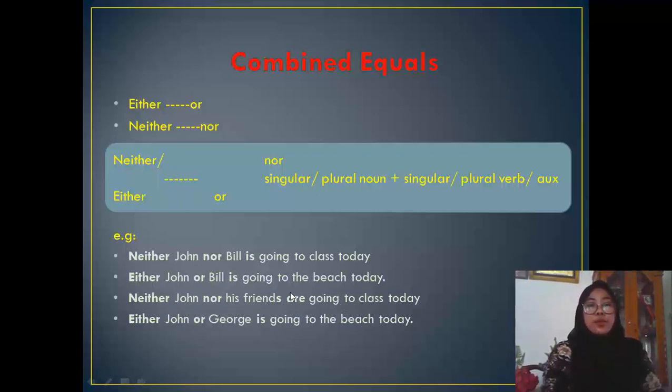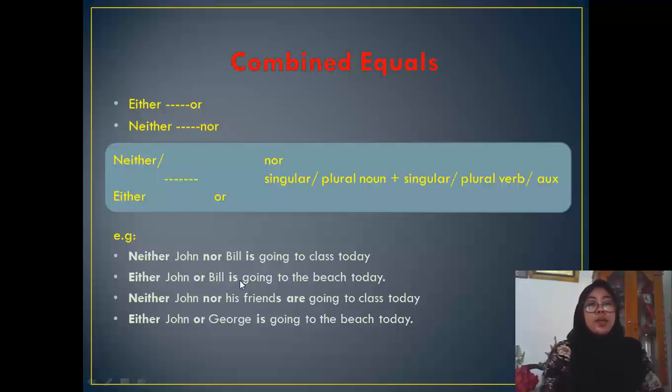You must use the to be "are", because the to be in this sentence depends on the second noun. There are two nouns here: the first, John, and the second, his friends. And his friends here is plural.